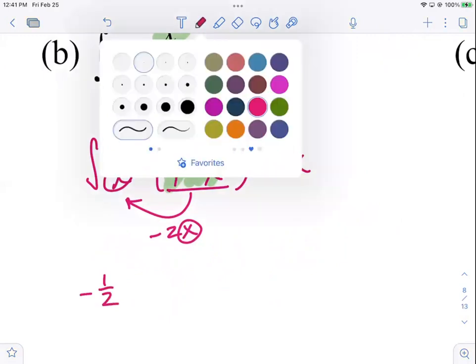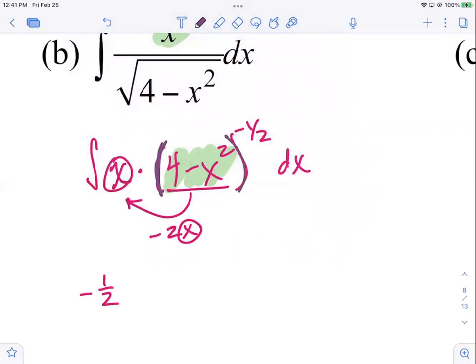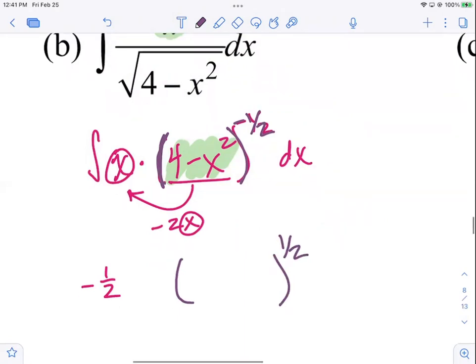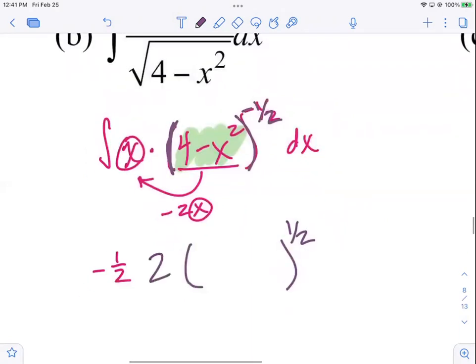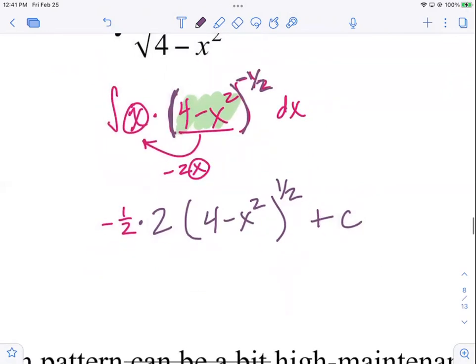And now the rule of integration is the power rule. Blob to the negative 1/2 becomes blob to the positive 1/2, and instead of dividing by 1/2, we multiply by its reciprocal, 2, plus c. And we get 4 minus x squared. So that ended up being just a simple little power rule, pattern recognition, or u sub, because the x factor was there. That simplifies to negative square root of 4 minus x squared plus c.